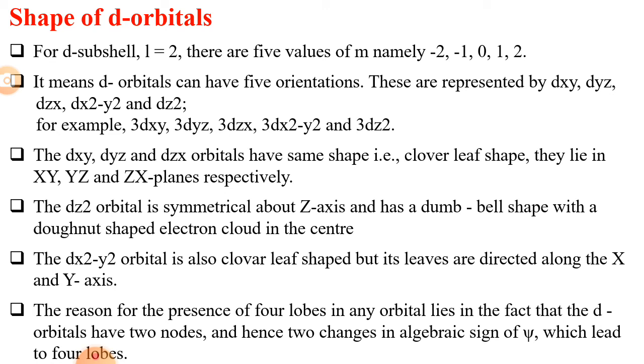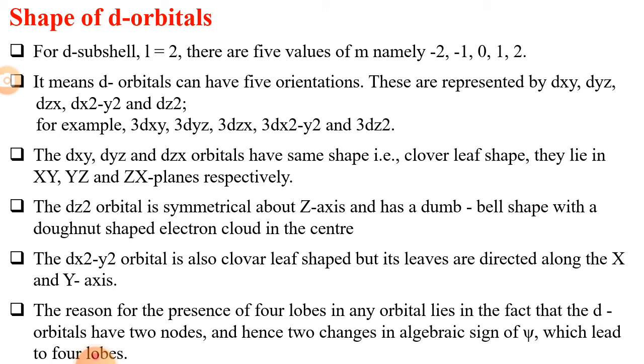There is a set of 5d orbitals with complicated shapes and names, as well as the 3s and 3p orbitals, that is 3px, 3py and 3pz. The magnetic orbital quantum numbers for d orbitals are -2, -1, 0, 1 and 2.